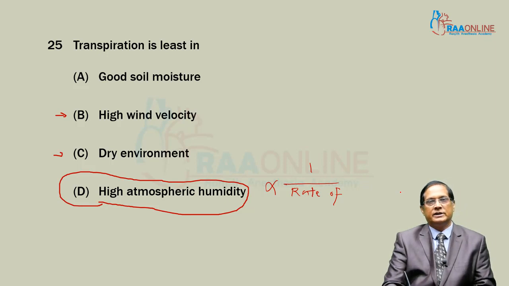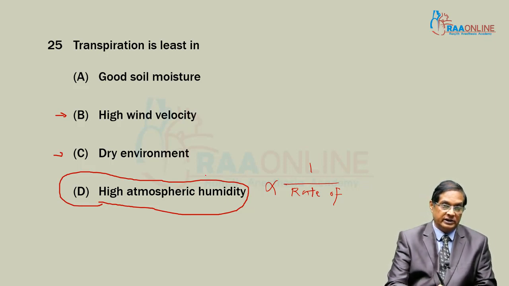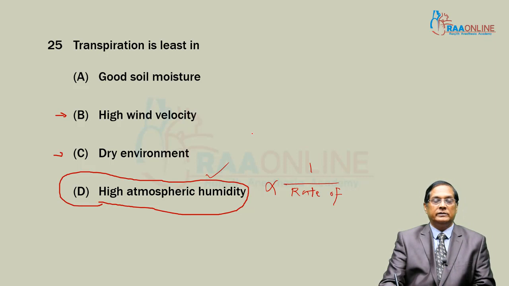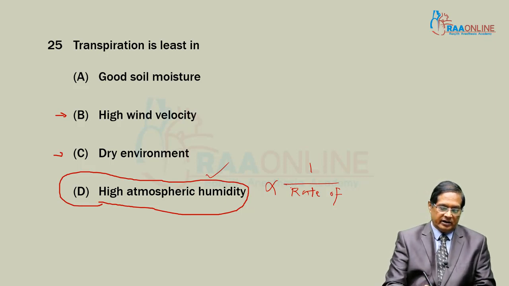If the atmosphere is already saturated, that is, it is a humid one, then the vapor pressure between the substomatal chamber and the external environment will be affected. If the atmosphere is humid, the vapor pressure of the atmosphere is quite high. In that case, the rate of transpiration declines.